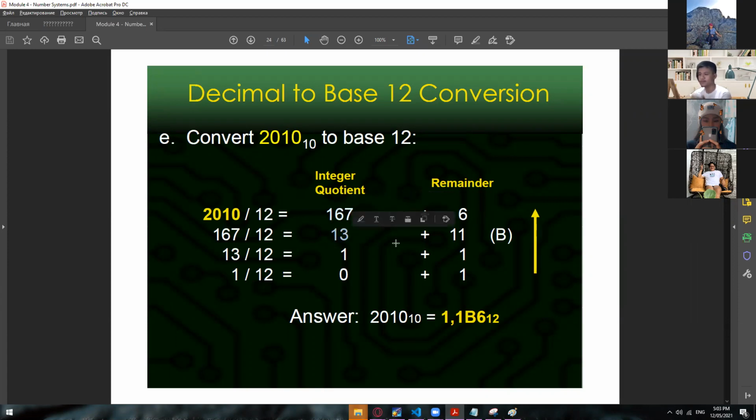So 13 right here, and then 0.916667 times 12 is equal to 11. Okay, and then 13 divided by 12 is 1, remainder 1, and then 1 divided by 12 cannot be done, so just put here 0, and whatever is the final value in the integer quotient, just put it right here as your remainder. Again, since this one is already 0, you can now start reading the remainder from bottom to top, which is now 1, 1, B, and then 6. So that's why we have 11B6 right here.